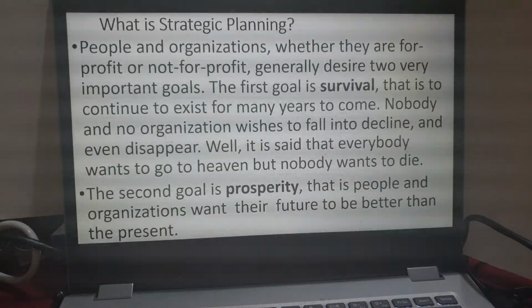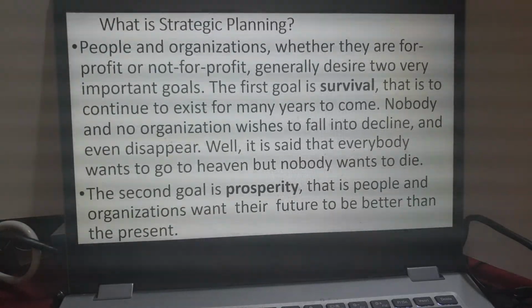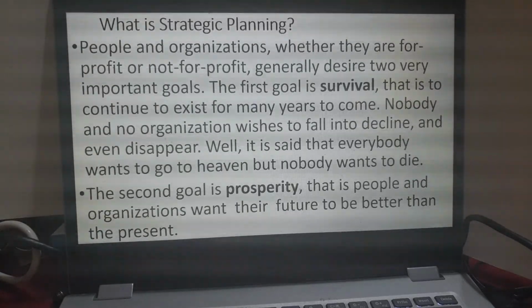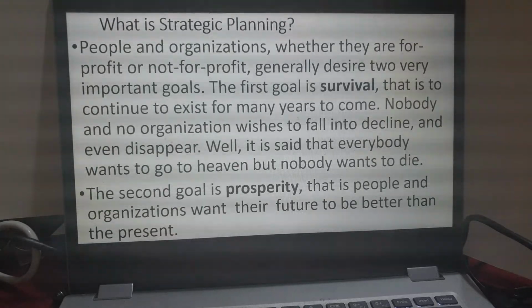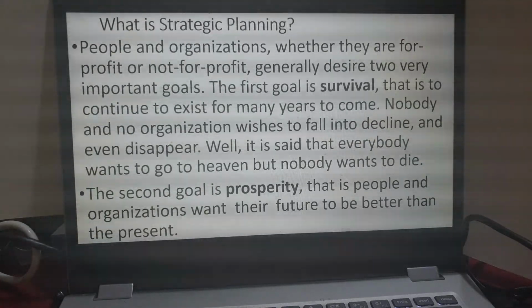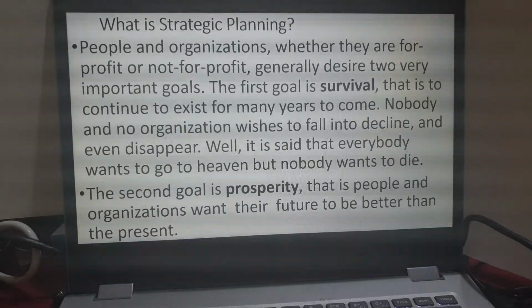Nobody and no organization wishes to fall into decline and even disappear. Well, it is said that everybody wants to go to heaven, but nobody wants to die. Yes, nobody wants to disappear, although we want to go to heaven.